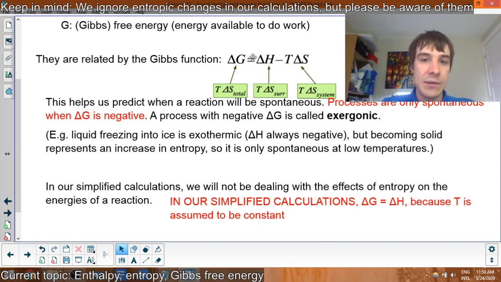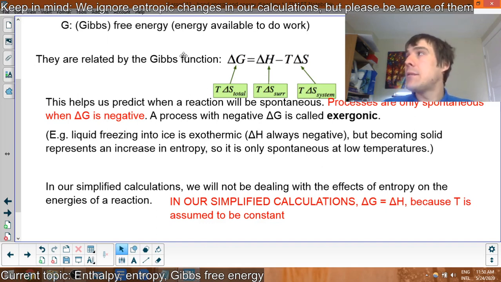So the increase in disorder overrides the increase in energy. And the boiling of the water at temperatures above 100 degrees is actually driven by the entropy increase, rather than the thermal energy, which is kind of cool.